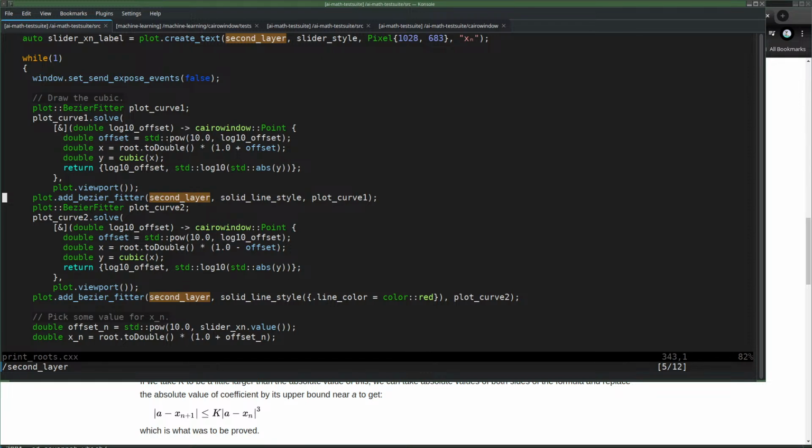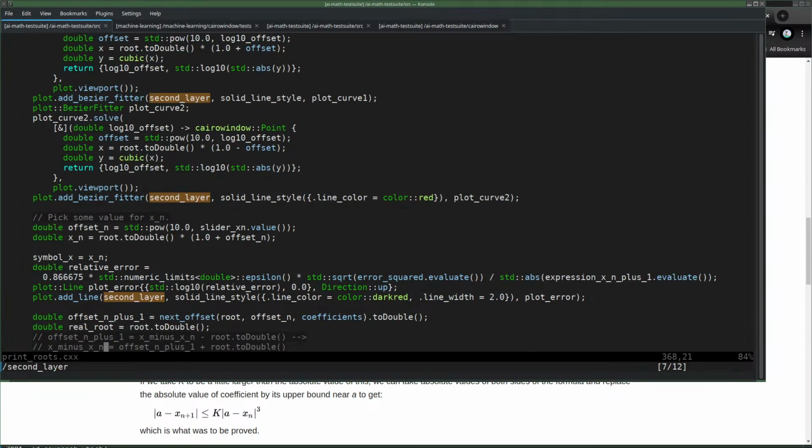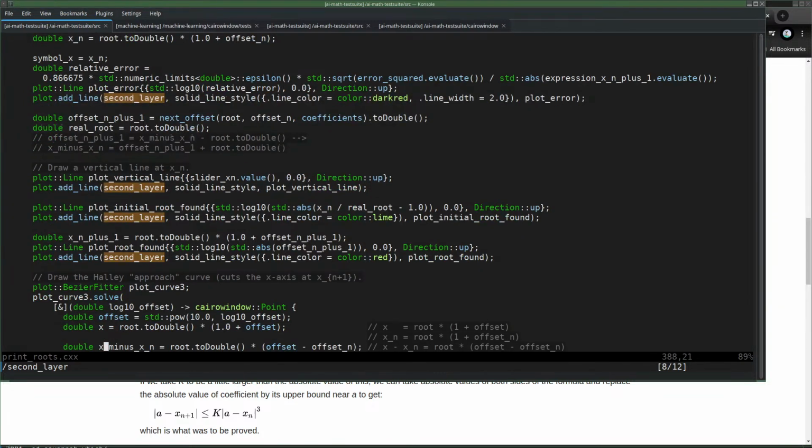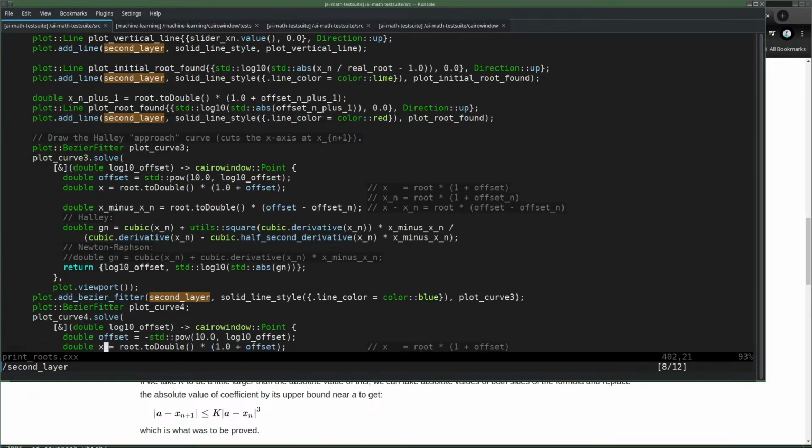I think this is using Bezier filter, which is kind of ridiculous, isn't it? I mean, it hardly looks like a curve. You can't fit Beziers through it. It's just a blocky thing. Add a line, add another line, add another line, add another line. Another Bezier fitter. Dang. Yeah, I have several of those, of course.